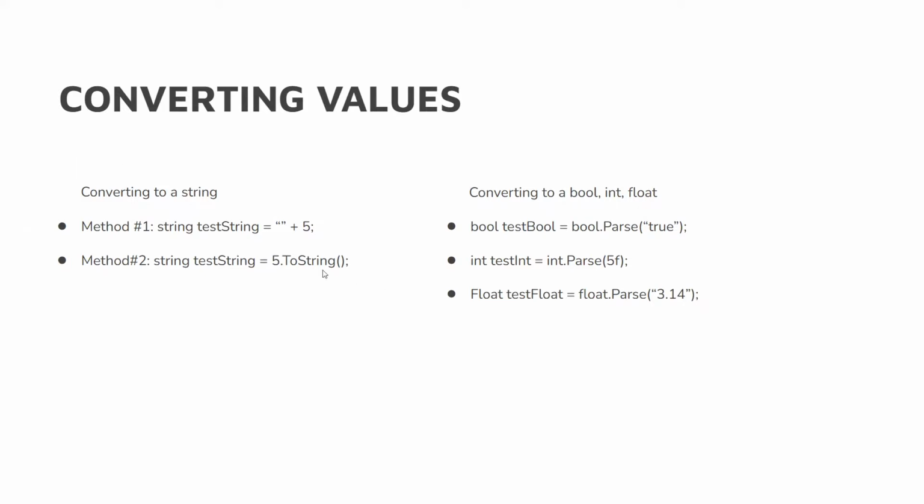So often we can implicitly do type value conversions. So we might say string test string equals, and the little set of quotes here, it should just be a normal quote, that just means a blank string plus 5. That will convert this 5 to a string because some part of this was a string.